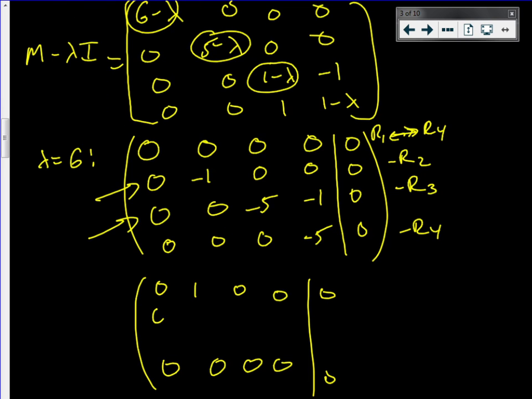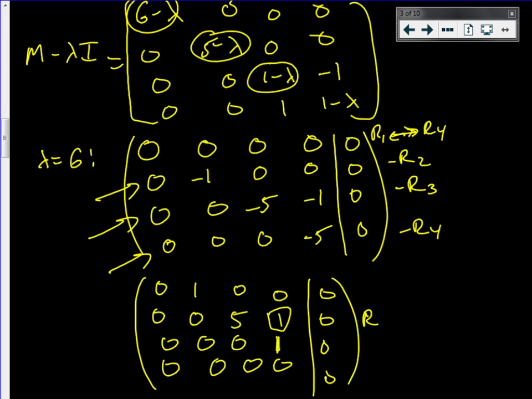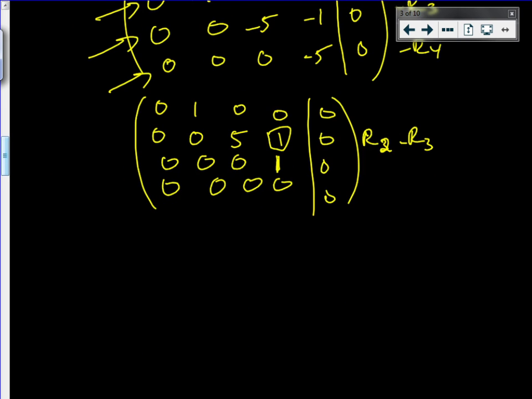The next row moves up, it becomes 5, 1, and the last row becomes the next to the last row, which is that row. Okay. Now, I'm going to get this 1 to become 0 by using that 1. I'm going to say row 2 minus row 3. So row 1 is not changing.